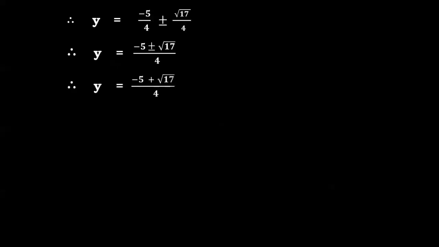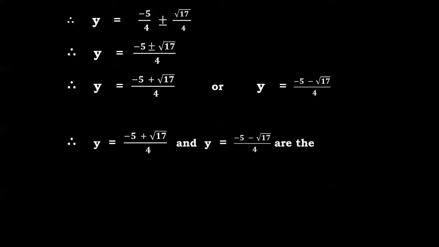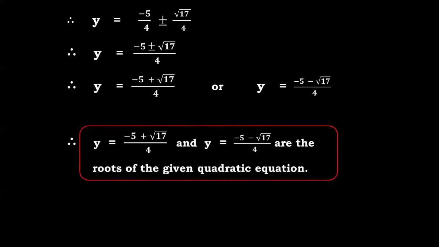So y is equal to minus 5 plus root 17 upon 4, or y is equal to minus 5 minus root 17 upon 4. These are the roots of the given quadratic equation.